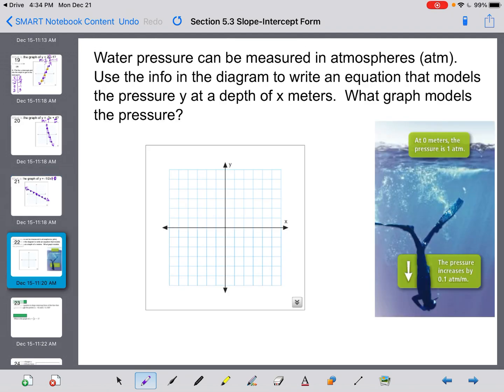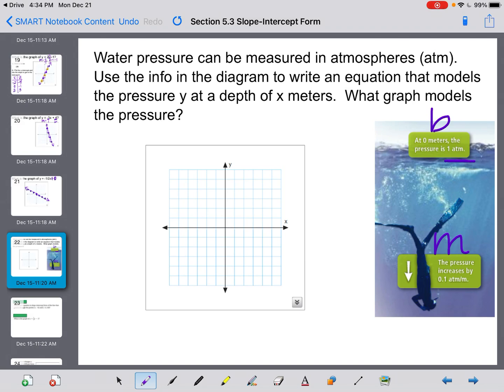All right. Water pressure can be measured in atmospheres. Use the info in the diagram to write an equation that models the pressure y at depth of x meters. What graph models the pressure? Okay, so at 0 meters, the pressure is at 1 atmosphere. The pressure increases by 1/10 of an atmosphere per meter. So this right here is your slope. This is what it's changing by every time, and this is where it starts.